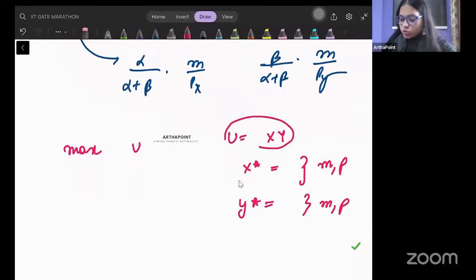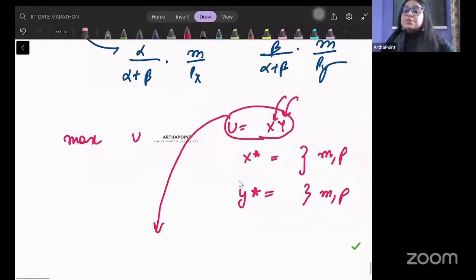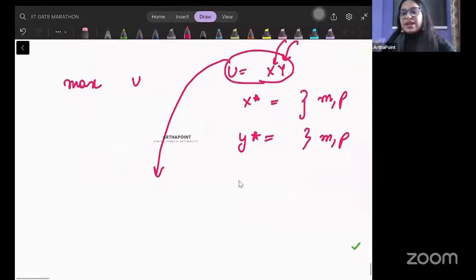I have plugged those x and y values here and I have got the maximum utility possible. And in exam, you are already given that. So it is given to you that your indirect utility is m square by 4 px py. ये आपको already given है that this is the maximum utility a consumer has got.